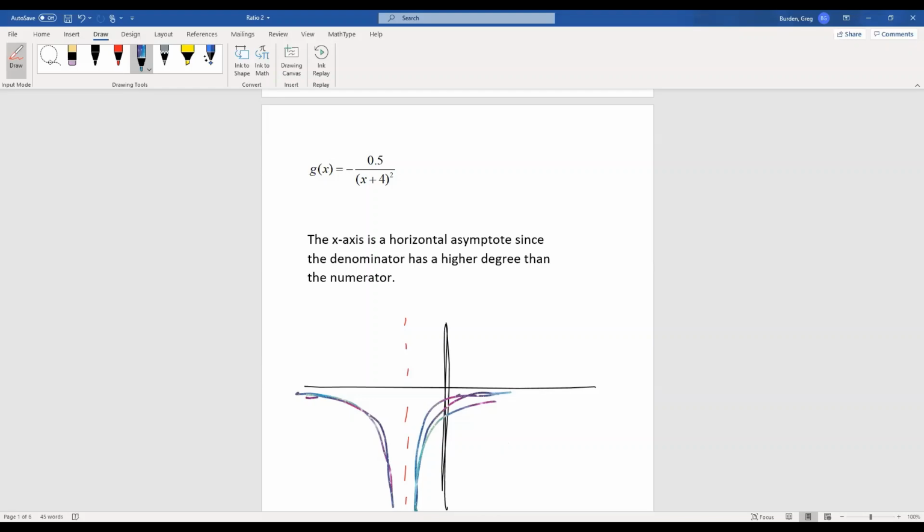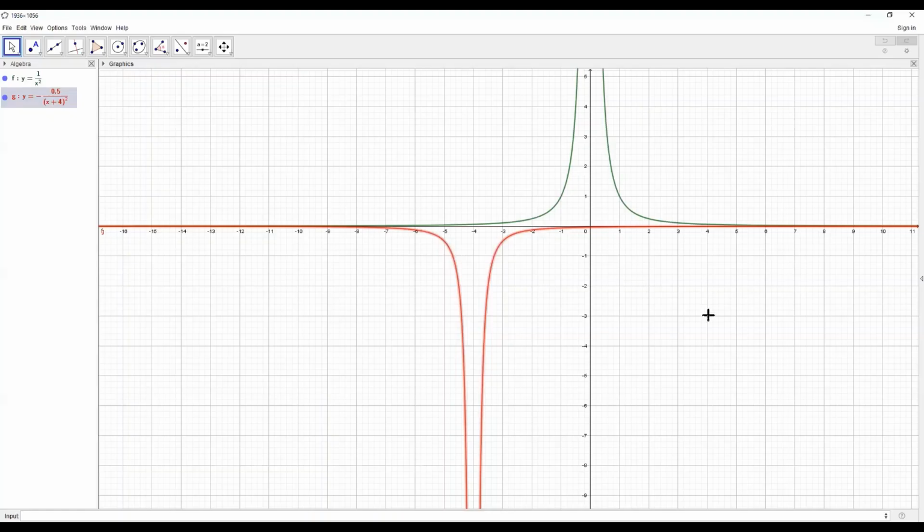Let's look at GeoGebra for a moment here, so I'll have to change to a new share for that. You can see the red curve here with the asymptote in the middle at x equals -4.